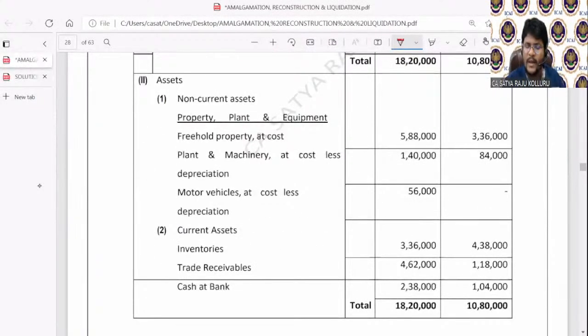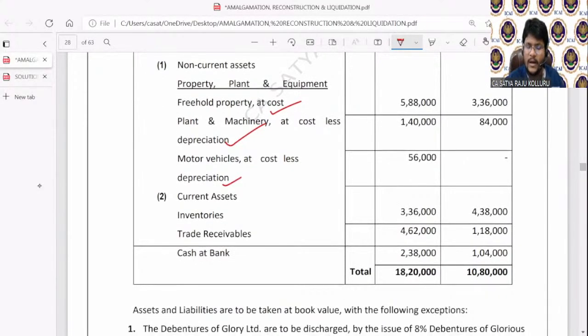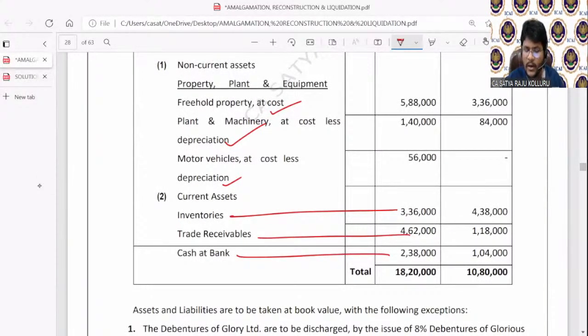Coming to PPE, freehold property is there. Plant and machinery at cost less depreciation is given. Motor vehicles at cost less depreciation are also given. Next, coming to current assets, inventory is given. Trade receivables are given. Cash at bank is also there. So this is the total information.